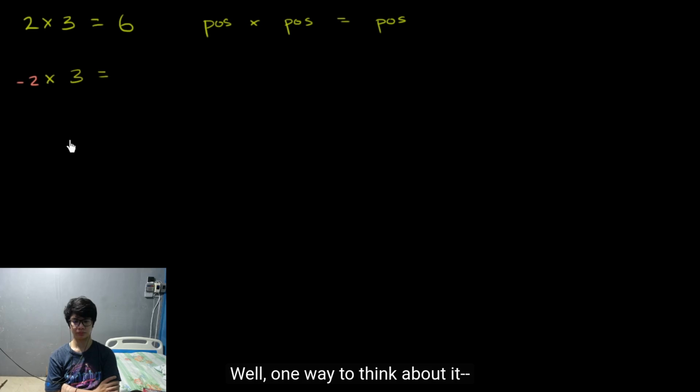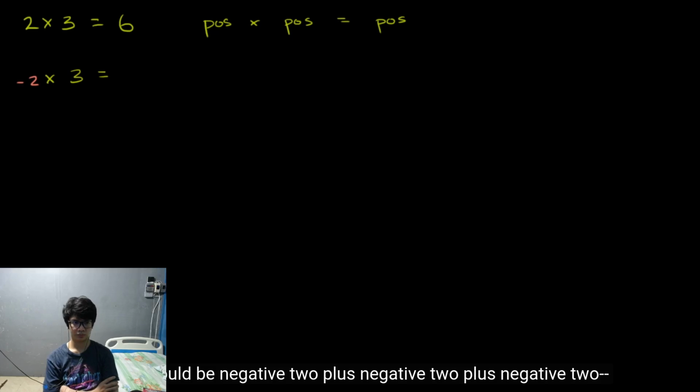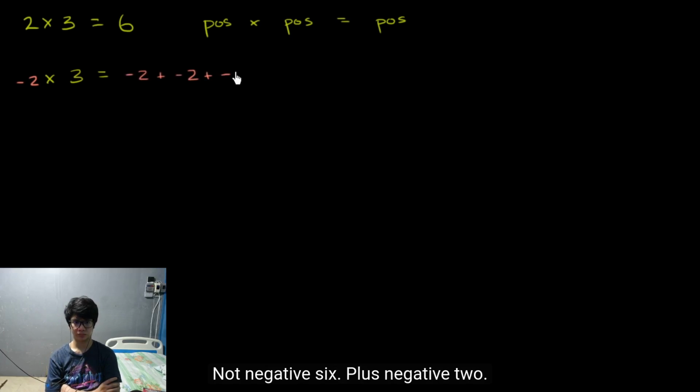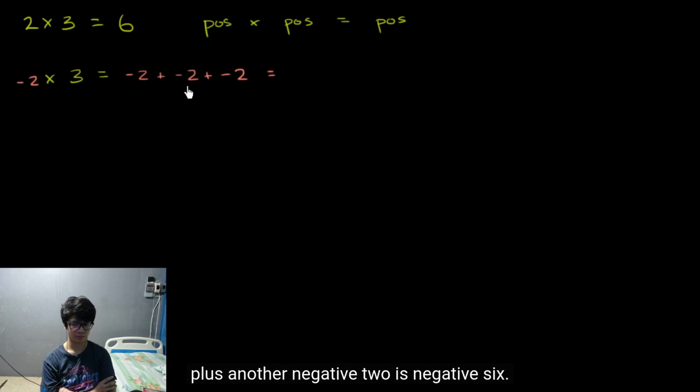Well, one way to think about it, and we'll talk more about the intuition in this video and in future videos, is, well, you could view this as negative 2 repeatedly added 3 times. So this could be negative 2 plus negative 2 plus negative 2, which would be equal to, well, negative 2 plus negative 2 is negative 4, plus another negative 2 is negative 6.